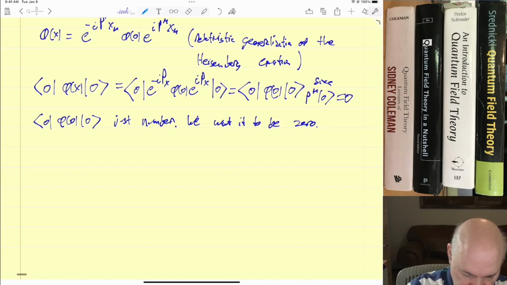That's what it is in the free field theory. And phi(0) contains the a-dagger and a operators. And we want it to create only single particle states.